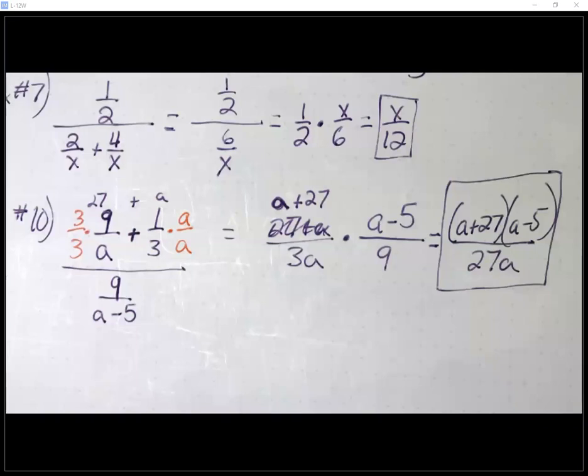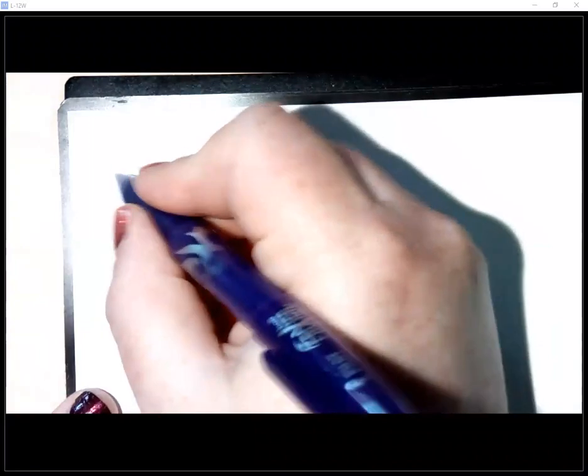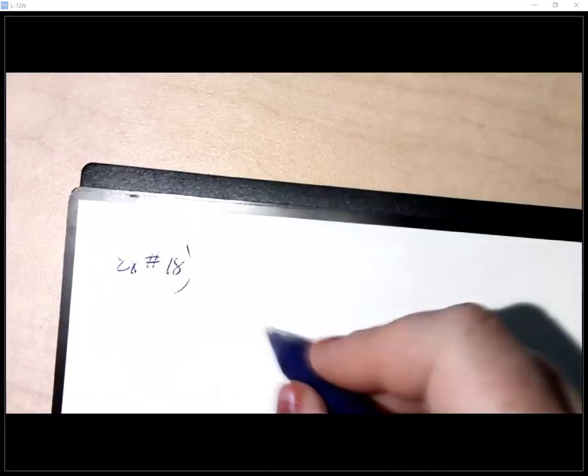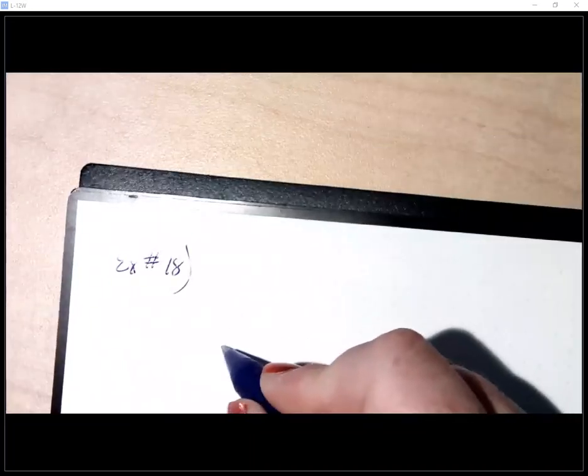I think I'm gonna flip my page just so I have more space. All right, so let me just write the original, give myself lots of space here.